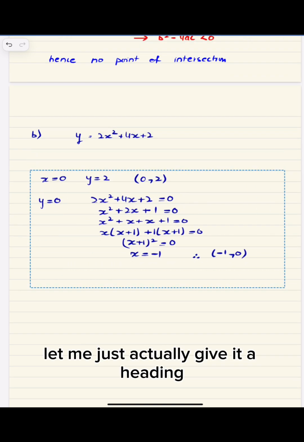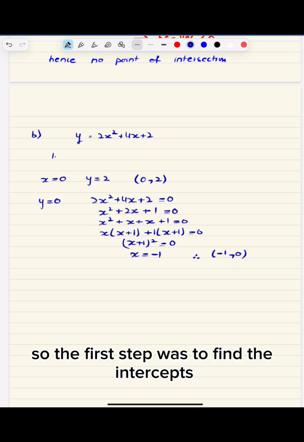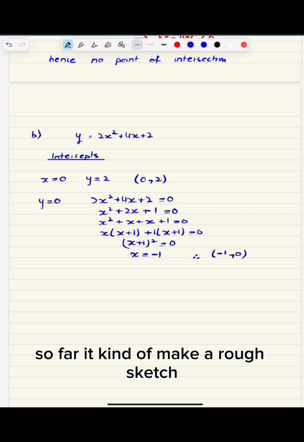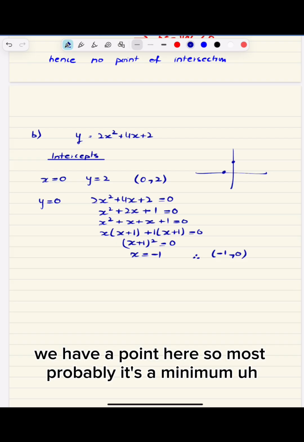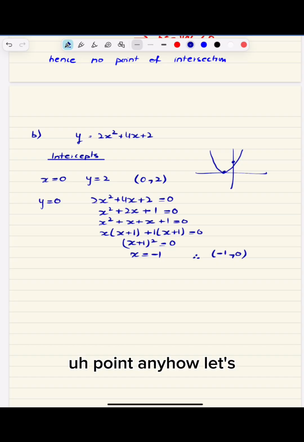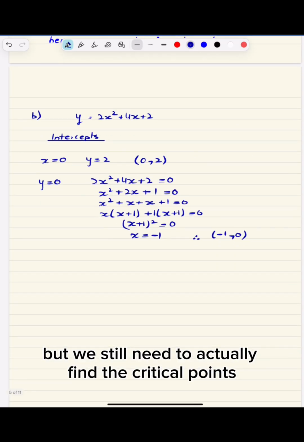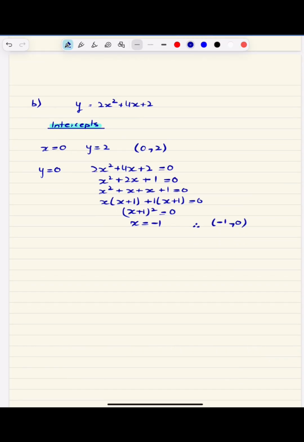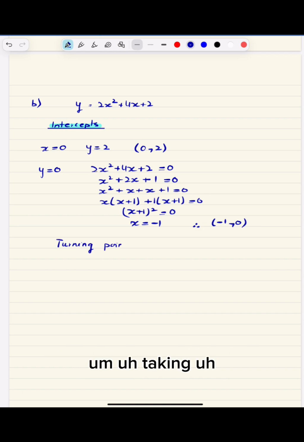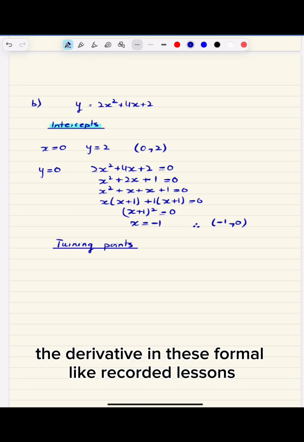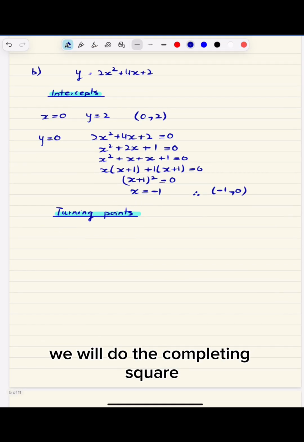So we've done the first step. Let me just give it a heading. The first step was to find the intercepts. So far, from a rough sketch, it looks like we have a point here and a point here, so most probably it's a minimum point. But we still need to find the critical points, the turning point. Since I haven't covered taking the derivative in these formal recorded lessons, we will do completing the square.